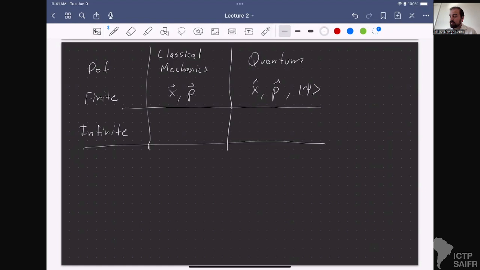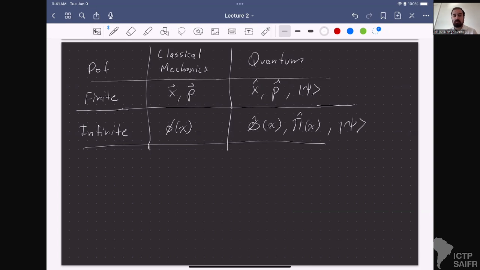Then in classical mechanics, you can have a field theory with an infinite amount of degrees of freedom. And we will see that in the quantum version of this, in quantum field theory, you have operators that depend on a space-time variable. They have their conjugate momenta, and then there's still states that describe, if you wish, the different configurations that the system can take.